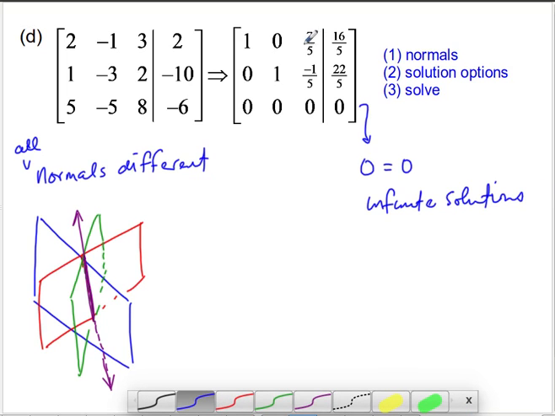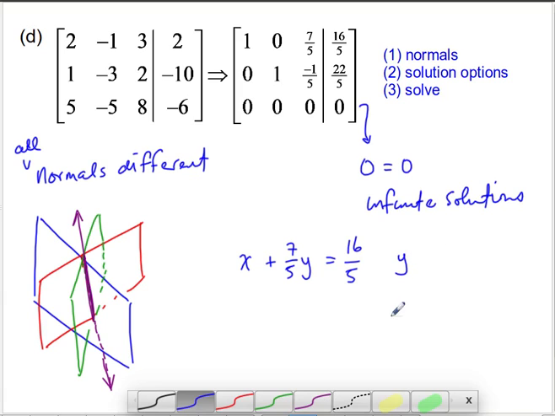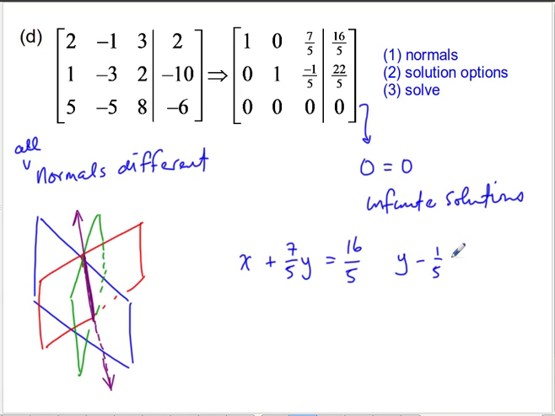Now I've already done the majority of the algebra here. So the first line becomes x plus 7/5 y equals 16 over 5. And the second line becomes y minus 1/5 z equals 22 over 5.